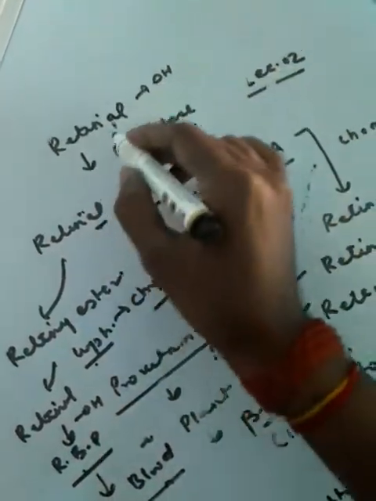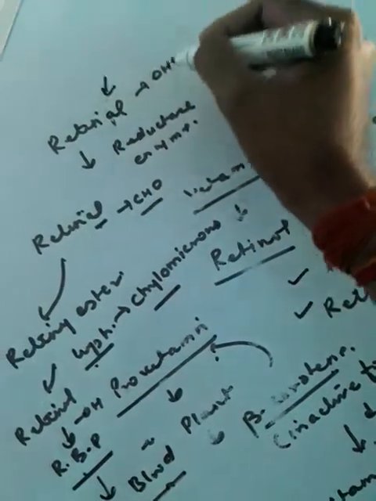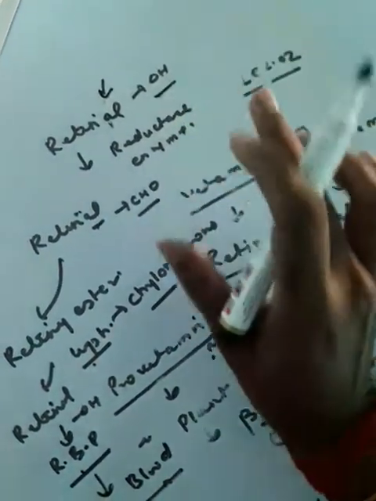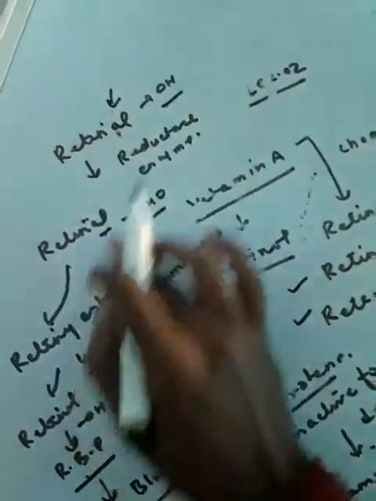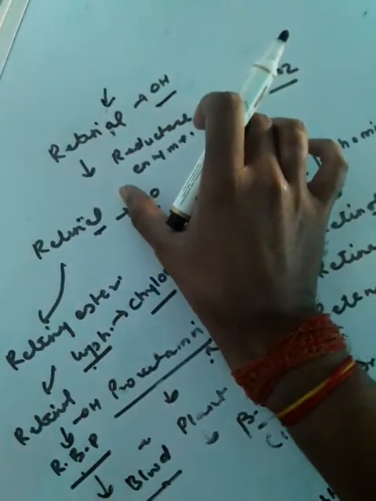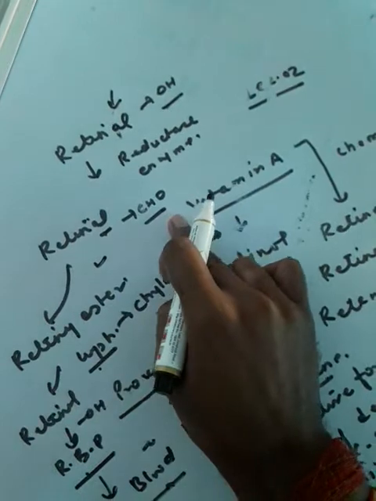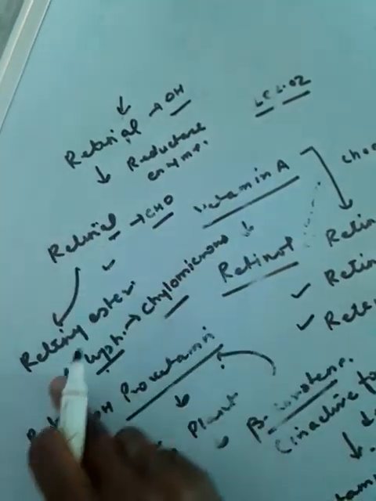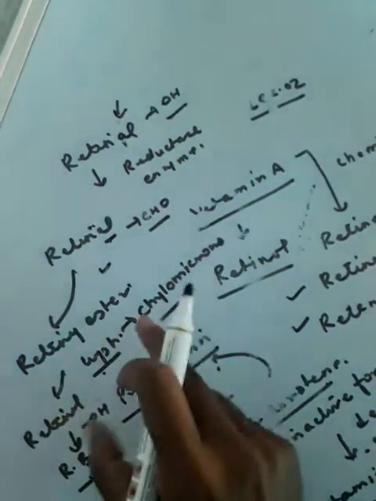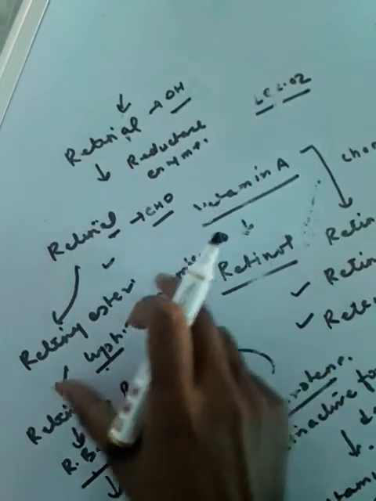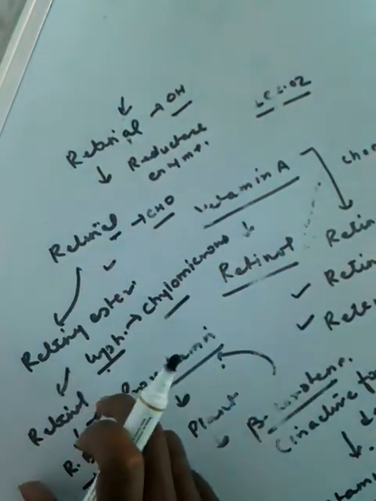If you see again, this is the retinol. Retinol means OH is present. In the presence of reductase enzyme it is converted to retinal. Retinal means CHO is present. Retinol is converted to retinyl ester, and in the lymph chylomicrons convert retinyl ester to retinol.